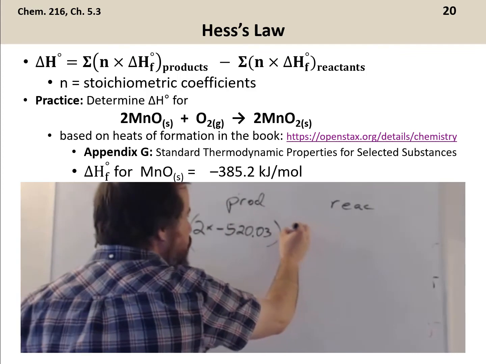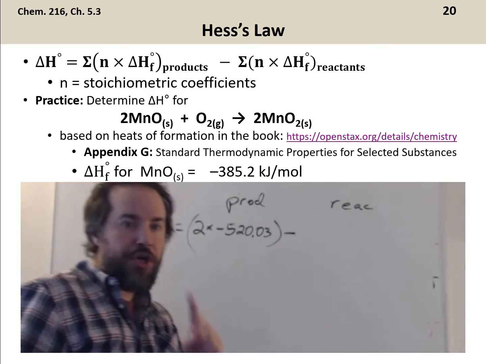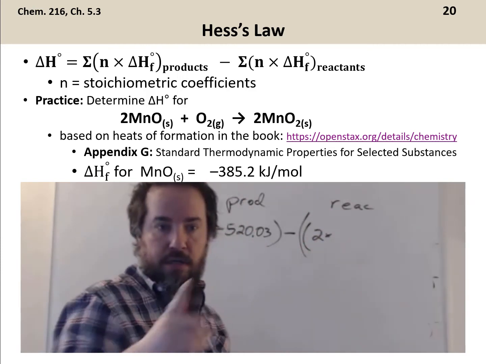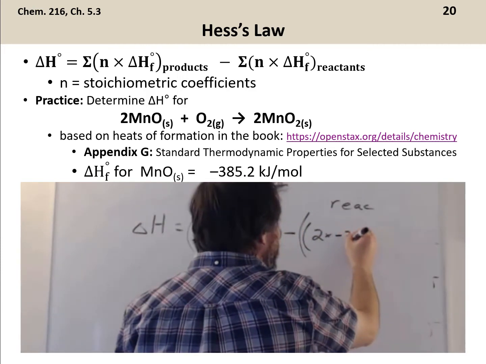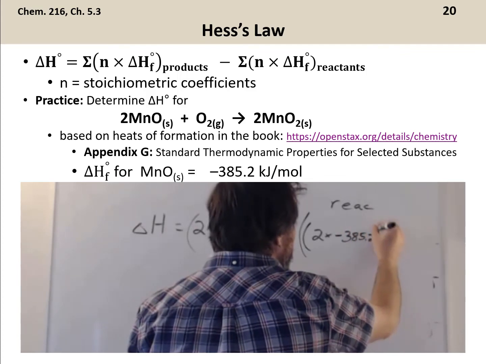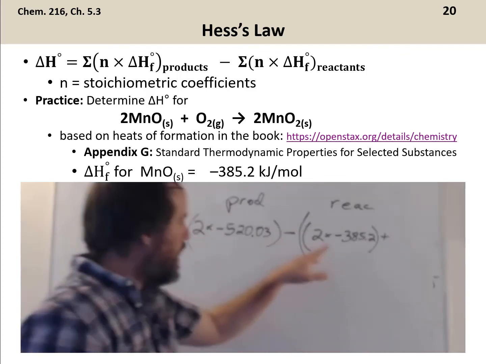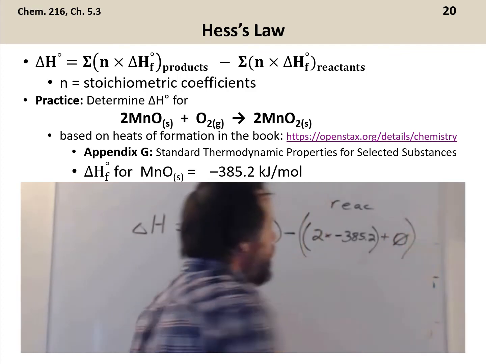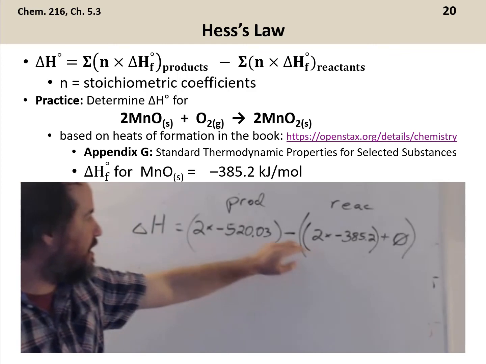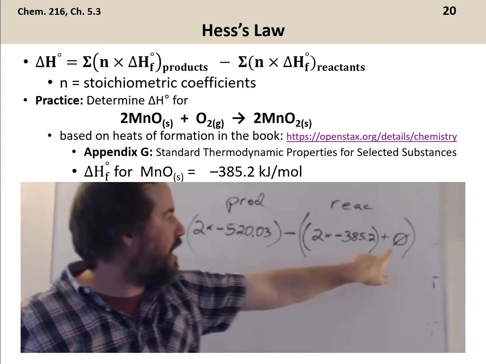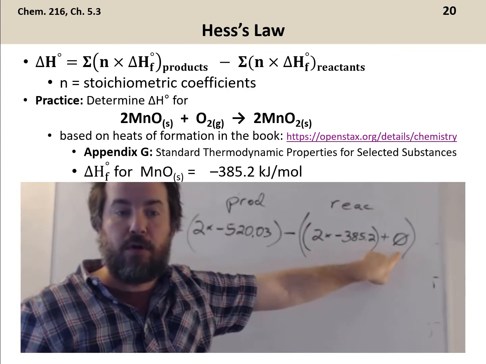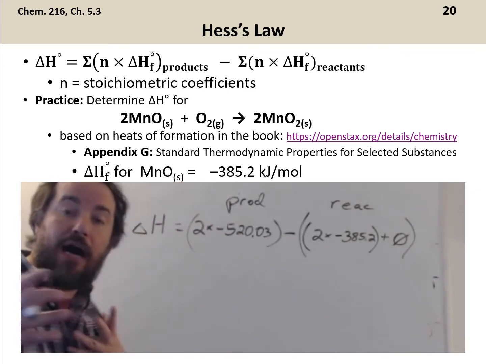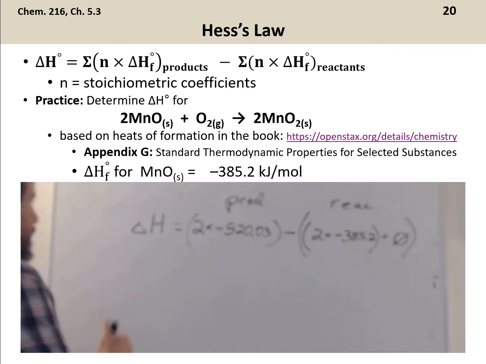And then I subtract 2 times negative 385.2 plus 0. That's for the O2. Notice how I put parentheses in, because it's minus this term plus minus this term. Be very careful with that. In this case, it doesn't matter because this is 0, but on the problem you guys will do, it will.